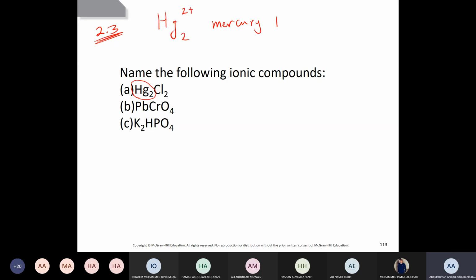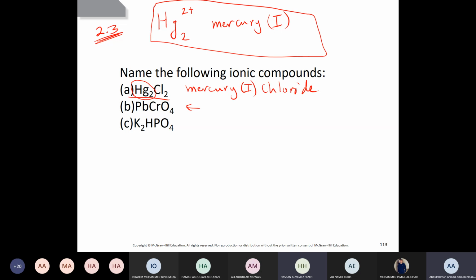And that's why the name of this compound is mercury 1 chloride. Why not mercury 2? Because it's a special group. Go to table 2.3. Ah, okay. Sorry, right. How about the second one?